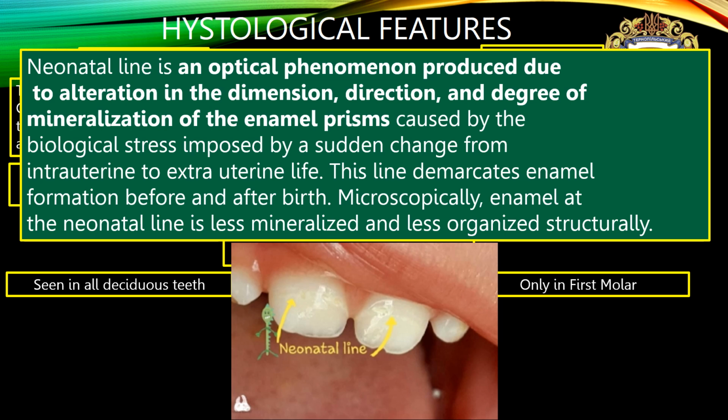Why are neonatal lines in permanent teeth present only in first molars? Could you tell me, doctors?